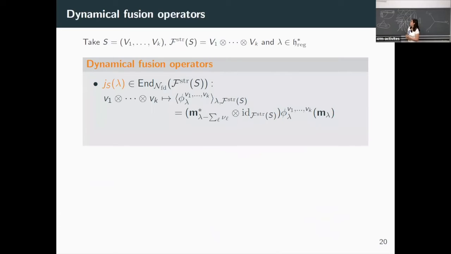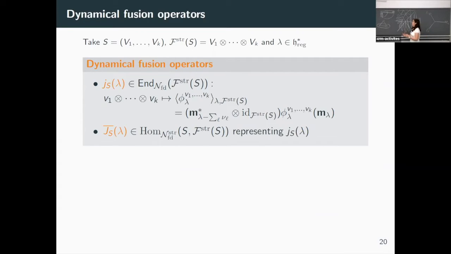We can introduce dynamical fusion operators as the operators that send tensor products of vectors of V_i to precisely the expectation value of the corresponding k-point quantum vertex operator. So really taking our k-point quantum vertex operator and taking the highest weight components again. Okay, so this is considered as a morphism in the non-strictified category.